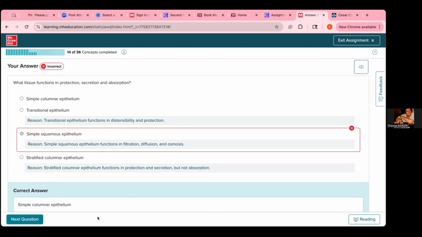So I guess it's simple columnar. Okay, it's simple columnar. That took a minute to figure out.